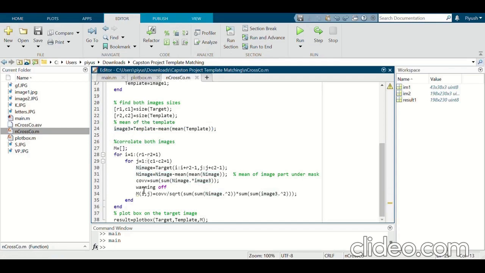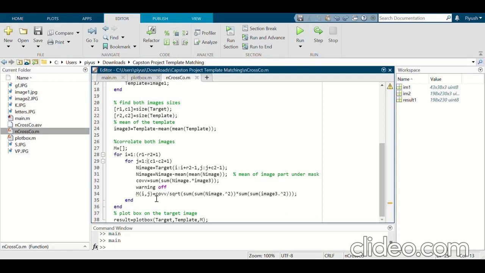That I have shown here, that is how we calculate covariance. Now, as the name suggests, it is the normalized cross correlation coefficient, so for calculating the coefficient, for normalizing, I am dividing it by the square root of the variance of an image and image 3. What is an image? An image is from the target image over each iteration, and image 3 is the template coming from the template image.